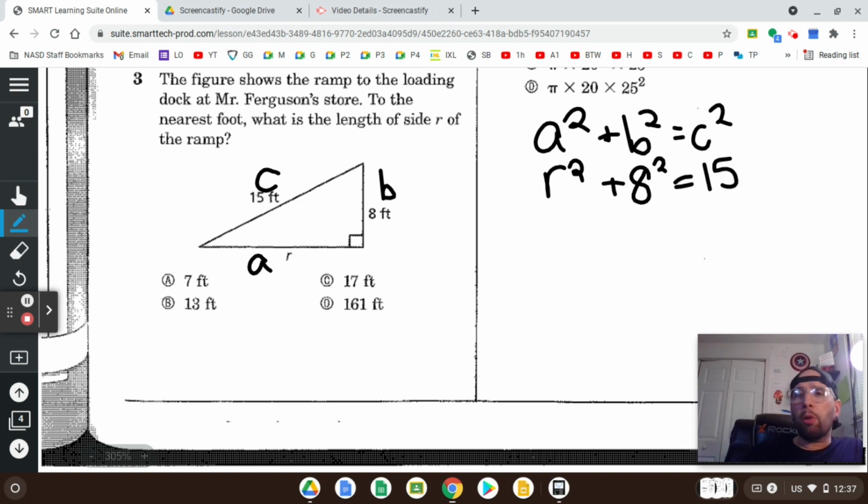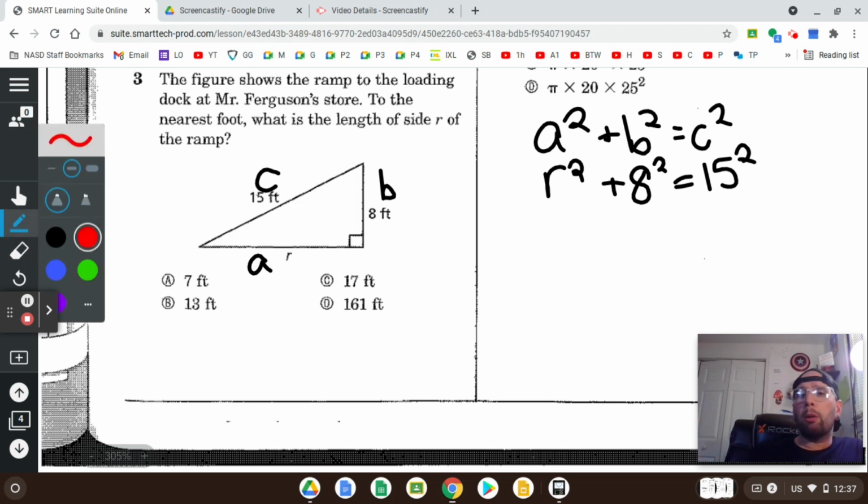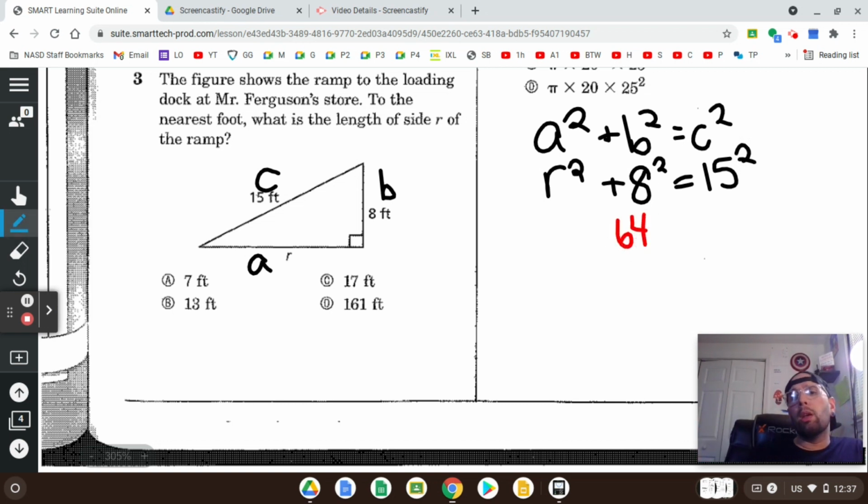Just like in the last problem, I could square some numbers, so I'm going to do just that. 8 squared becomes 64. 15 squared becomes 225. And then r squared never changed. Is r all by itself? Nope. I have a squared and I have a 64, so I'm going to subtract 64 first.